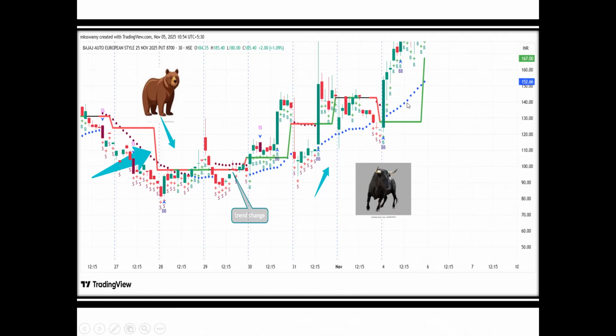Then the trend resumed, and it continued for another 2 days. You can see how you can make out the market manipulation also, and it is a beautiful indicator which has been coded with dynamic color changes, buy sell signals, and Gann HiLo for the trend. This is the beautiful combination.